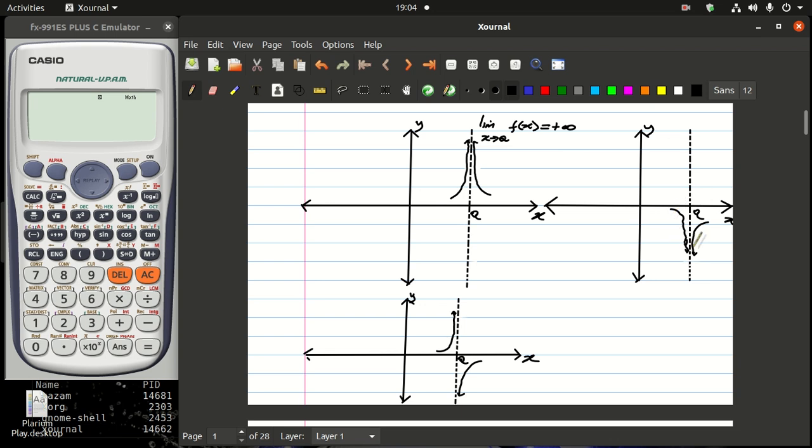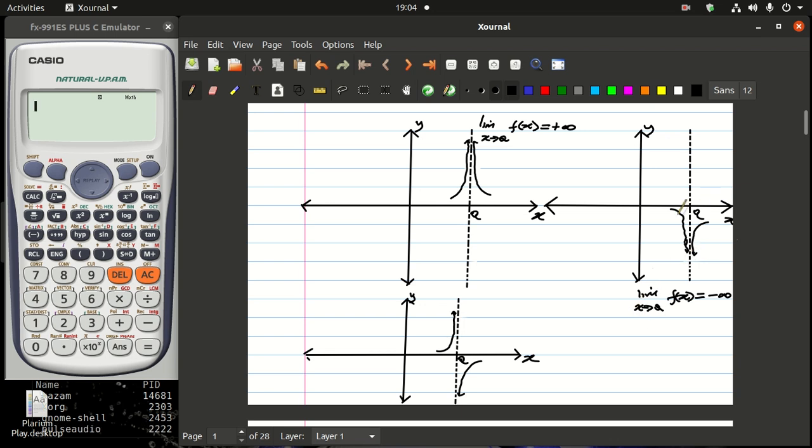And to say that we're having this case around the asymptote, at this value a, we just say that the limit as x approaches a of f of x is equal to negative infinity. Take note that on this side the function is going all the way down, and also on this side the function is going all the way down.